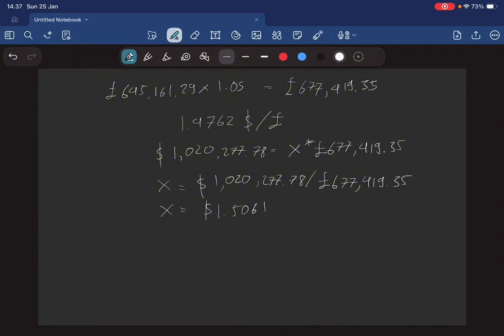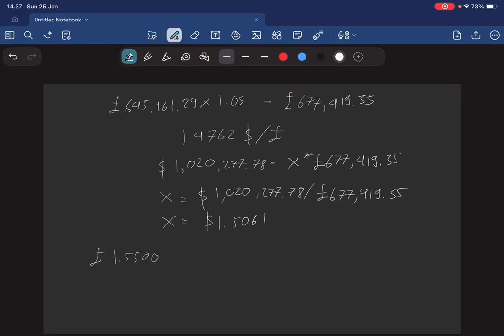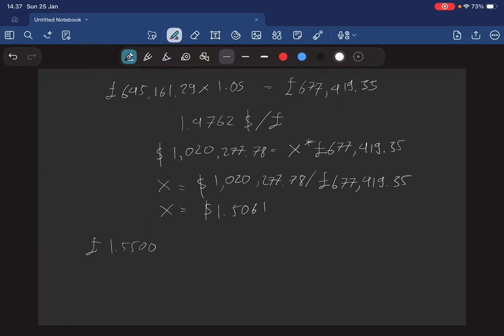By buying sterling at 1.5500 and selling it at the forward rate of 1.5061, the benefit of the 3% interest rate differential is completely eliminated.